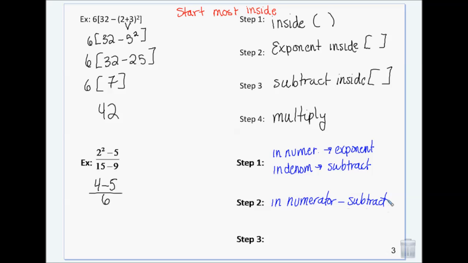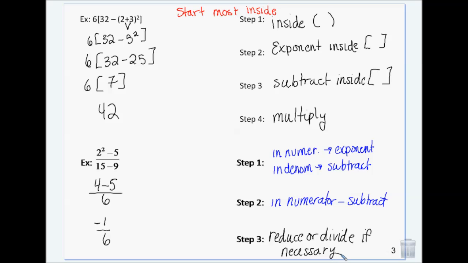And we don't really have anything to do in the denominator, so I get negative 1 over 6. And then the last step would be to reduce or divide if necessary.